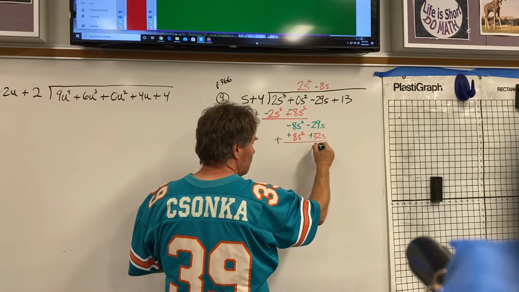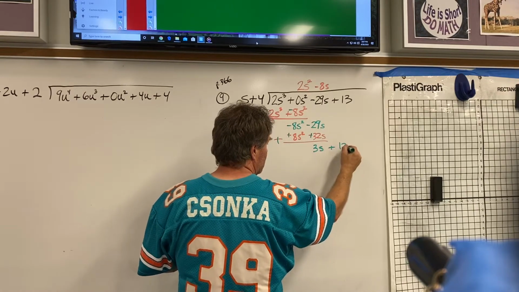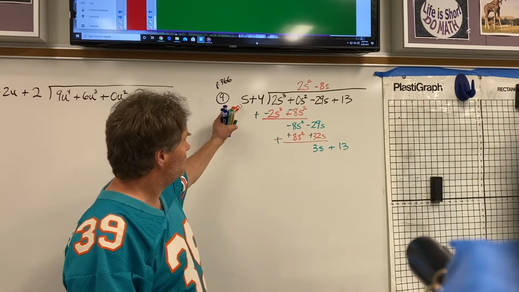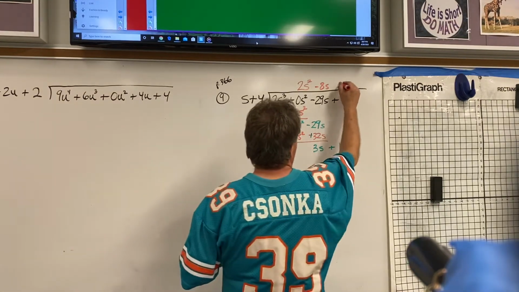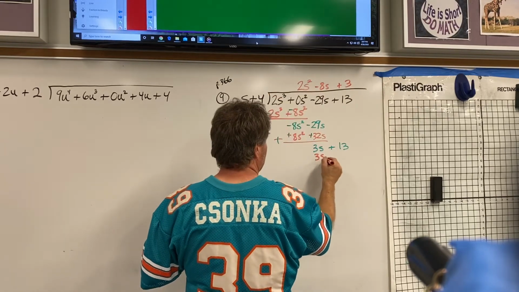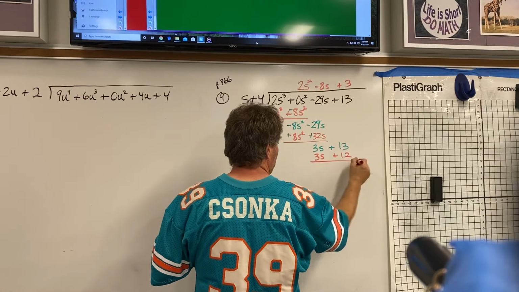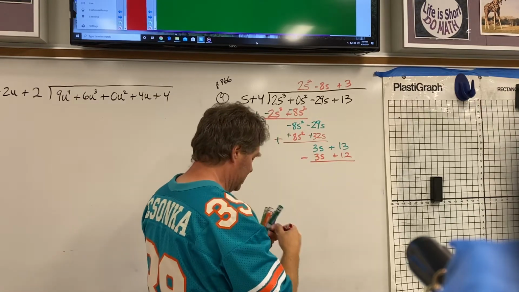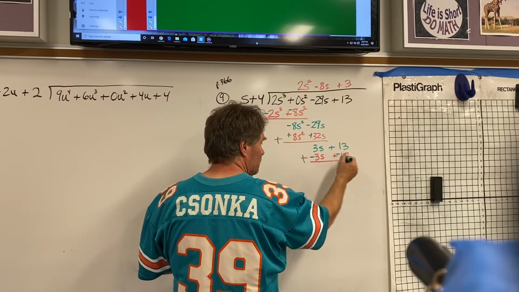2932 is going to be 3s. Bring down the 13. What does it take to turn s into 3s? It's going to take 3. So 3 times s is 3s, yay. 3 times 4 is 12, so it's plus 12. I want to subtract, so I'm going to add the opposite. Make both of these guys negative.